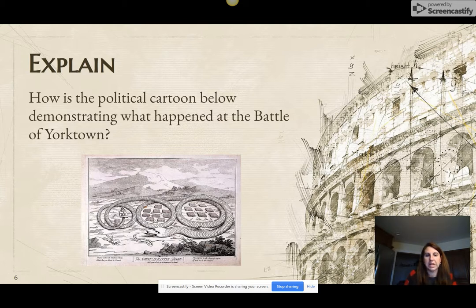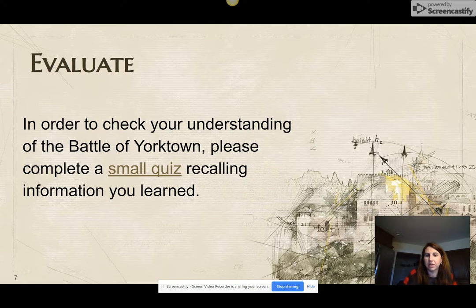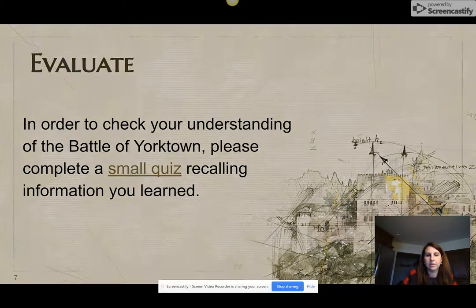Okay, so you can see the snake here, and this is a very, very famous picture, and you can kind of see what the snake is doing with its body. So just take a couple minutes and think about that. And you can make the picture bigger when you go to complete your actual weekly instructional lessons in Google Classroom. Okay, then you're going to check your understanding of Yorktown with a small quiz.